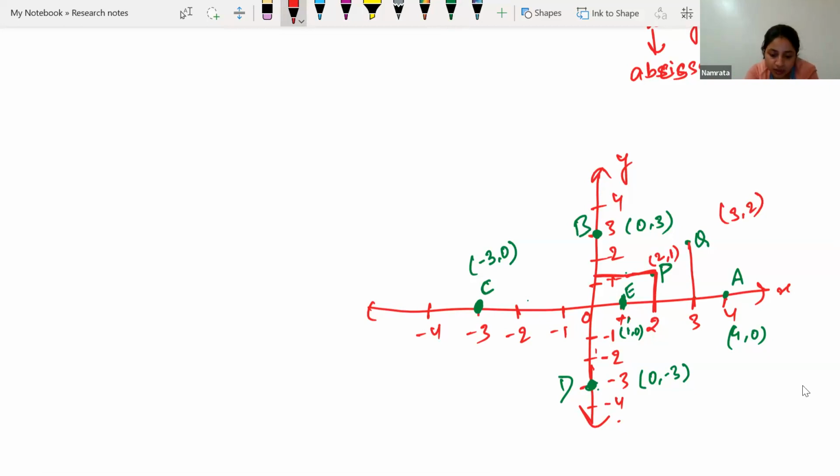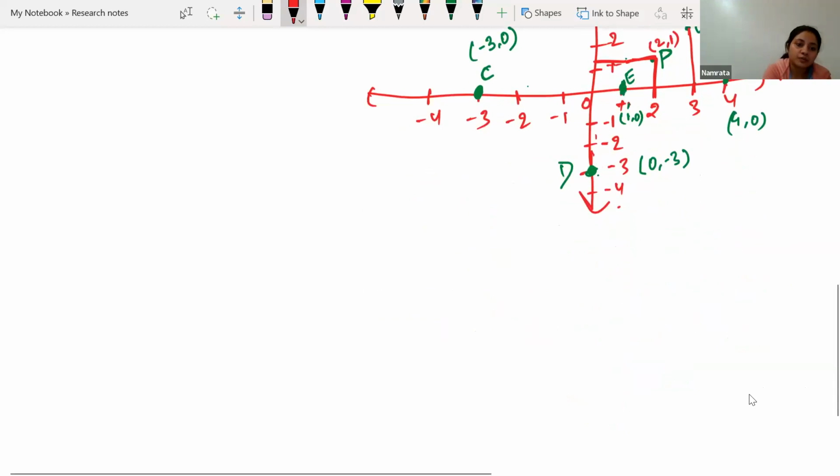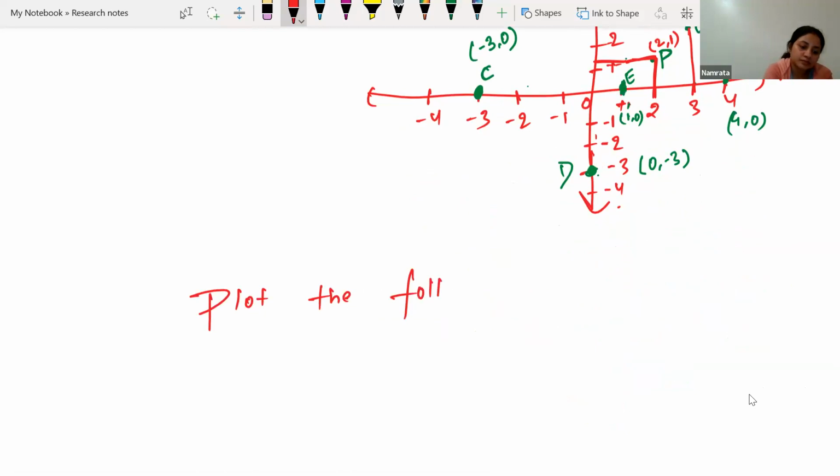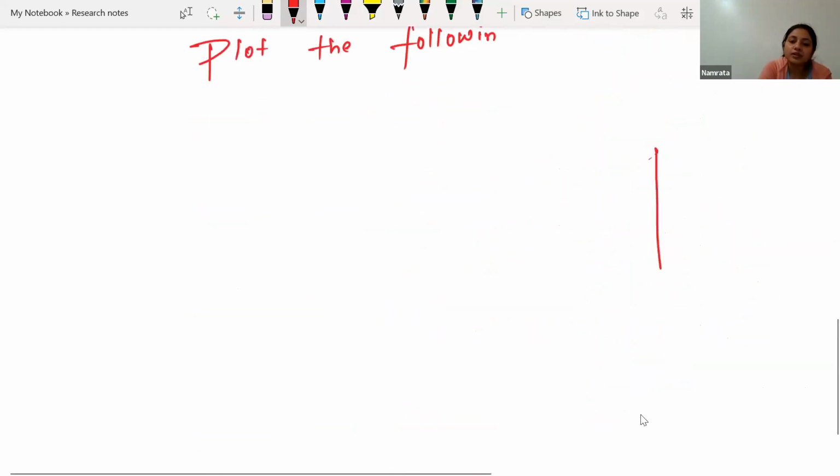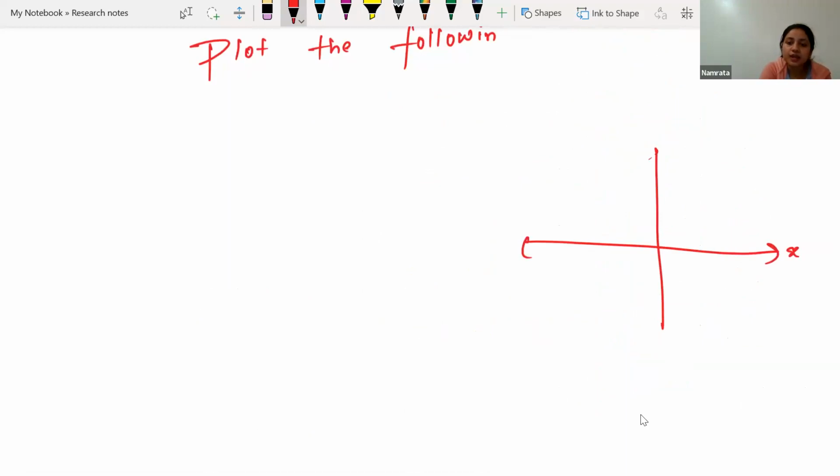Now the next concept over here is, okay, plot the following ordered pair. And this coordinate axis is called the Cartesian plane. Whenever we are drawing the coordinate axis, the x-axis and the y-axis, this is called the Cartesian plane.